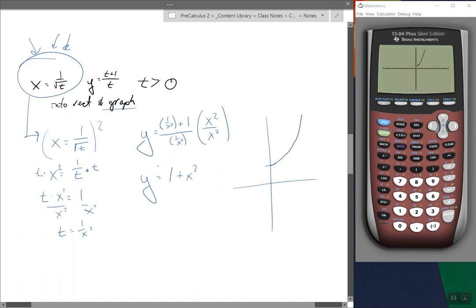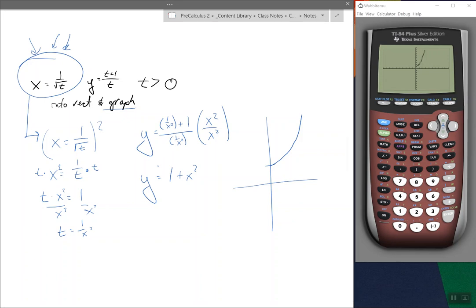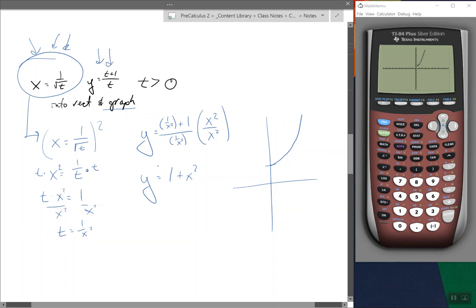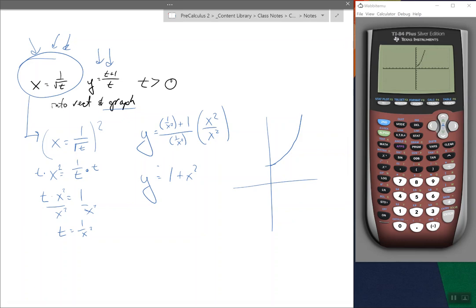We'll never get a negative number out of that. And if t's only positive, same thing will happen here. We'll only get positives out of the y equation. So when we graph this, what would be a parabola, we're only graphing the positive x's, which is only producing us positive y's. So we only get this right branch of the curve.